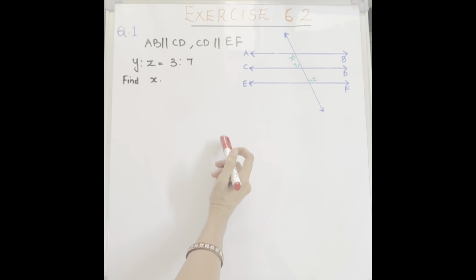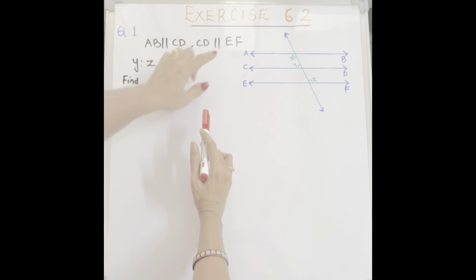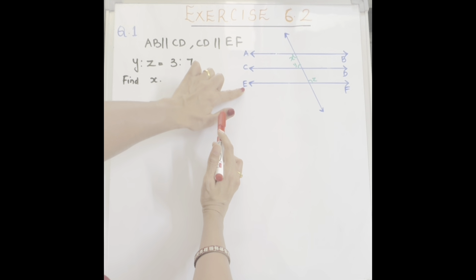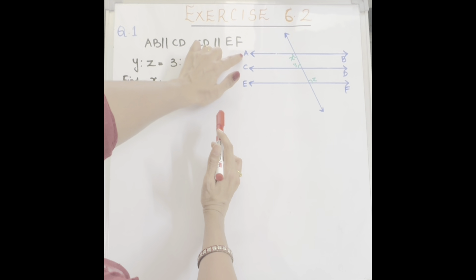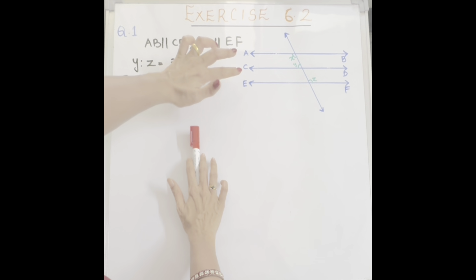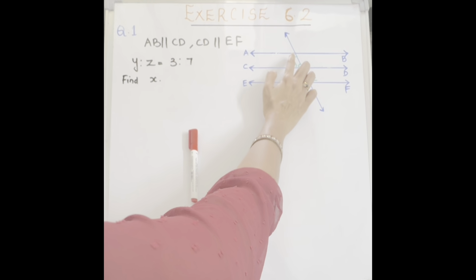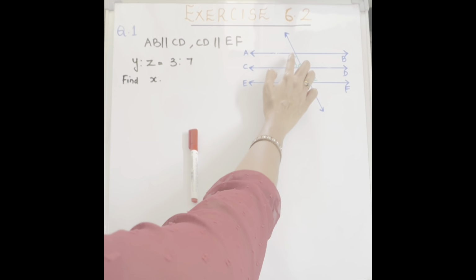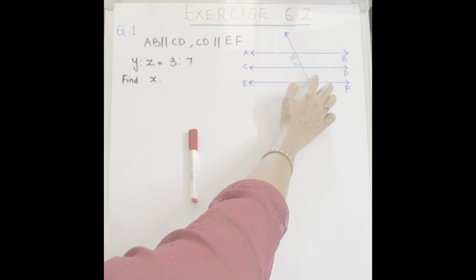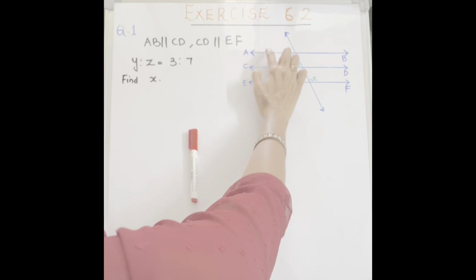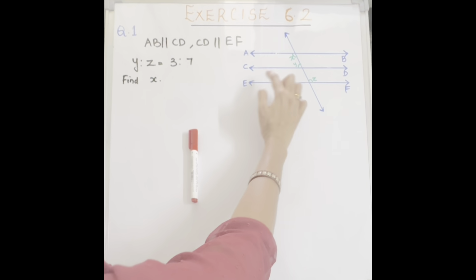You have learned in theorem 6.6, lines which are parallel to the same line are parallel to each other. So we know lines AB is parallel to CD and CD is parallel to EF. So as per this theorem, we can say that AB is parallel to EF as well. As AB is parallel to EF, look at the angles which are formed here. Angle X and angle Z, what are the properties of these angles? These two are alternate interior angles. X is interior to AB and Z is interior as well to EF.